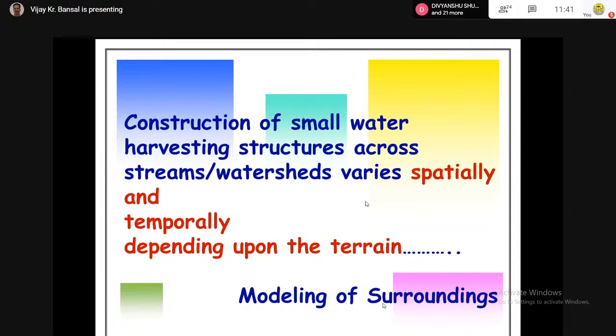Okay, at last, if I conclude, the interaction among existing and proposed facilities or structures and their environmental impacts are important aspects to be considered for a coordinated, integrated, and sustainable solution.